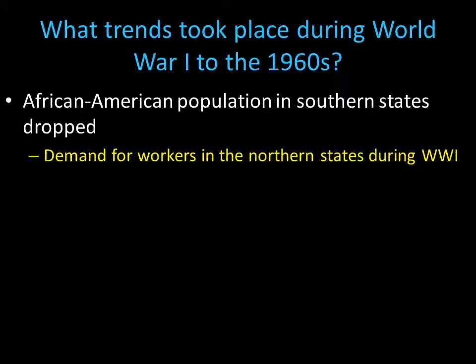So at this point, factories were promoting the idea of African Americans working in factories. So many African Americans left the southern states and traveled up to northern states looking for work in factories.